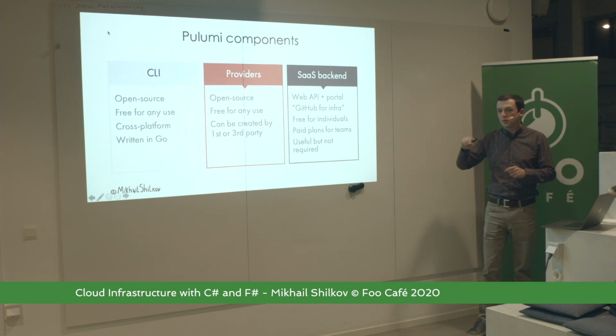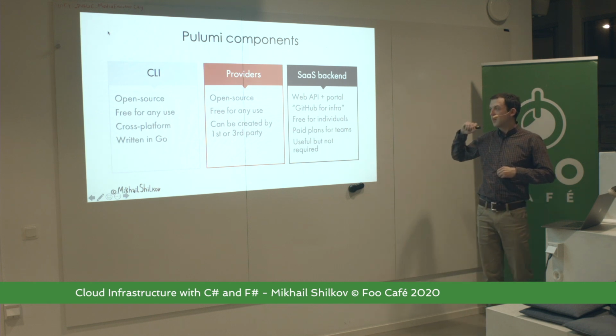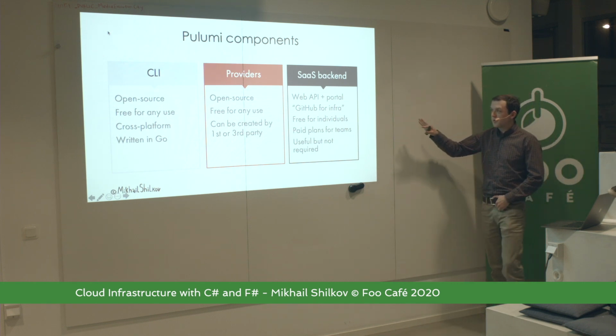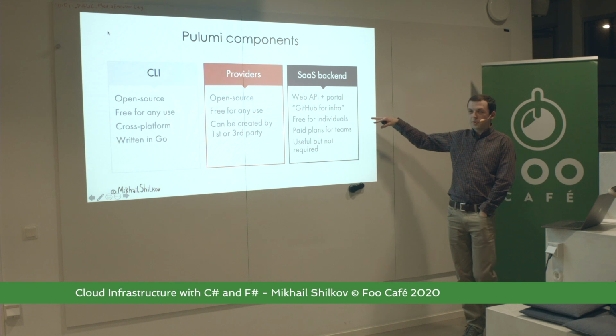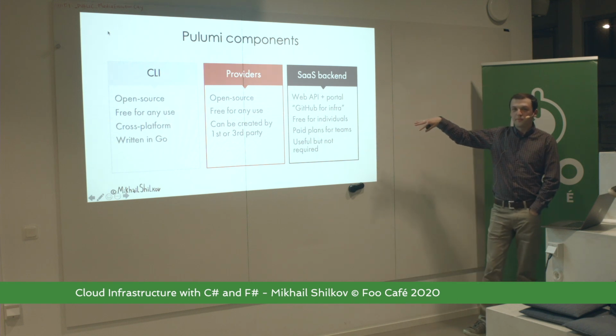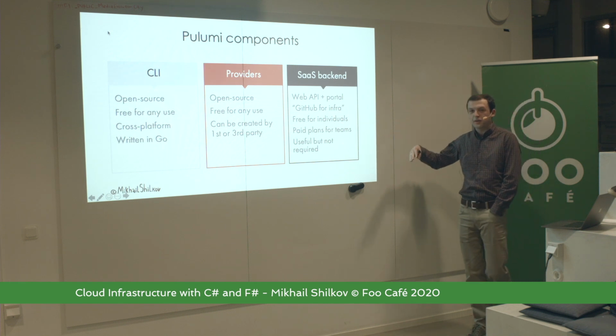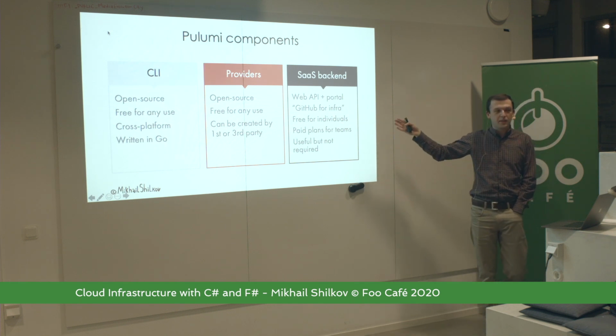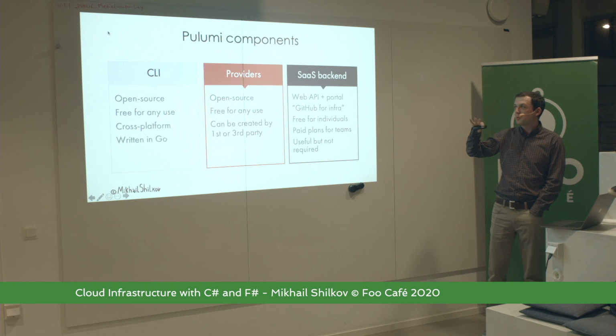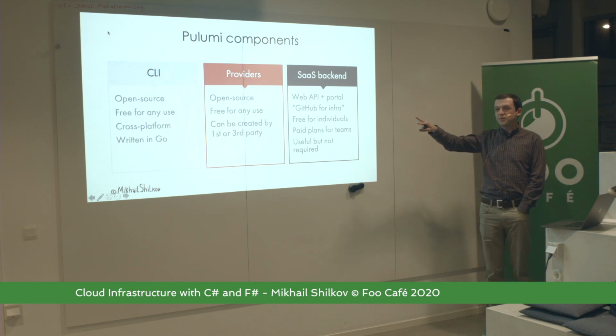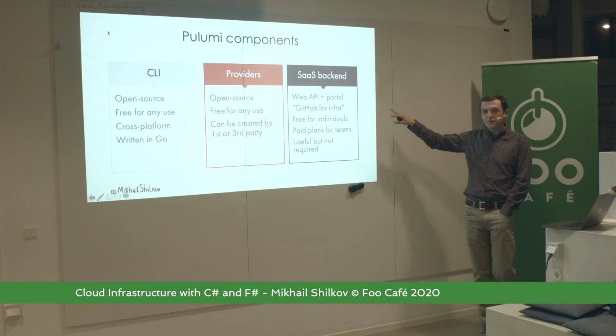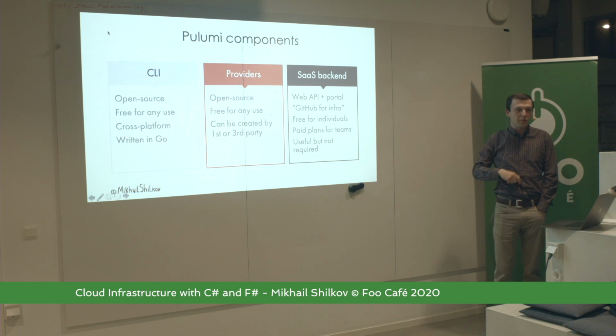You can click through to your resources in Azure, and so on. But that's not open source, and it's free for personal use, but it's not free for companies, so for teams. So that's how we make money, basically. But again, it's optional. We want you to use the two left parts for sure, and if you find value in this, then you pay us money. If you don't, you don't pay.